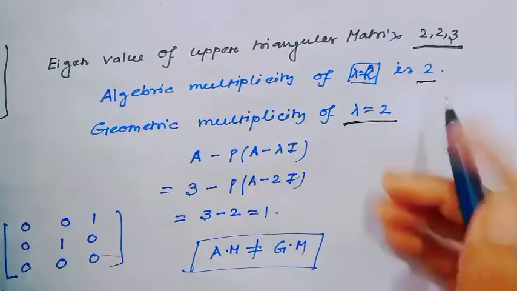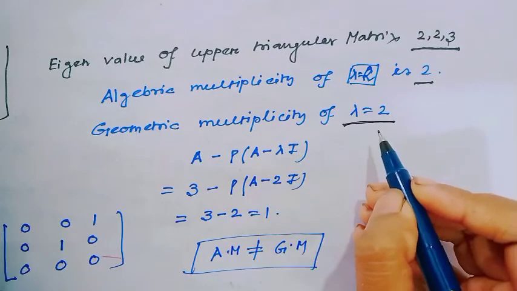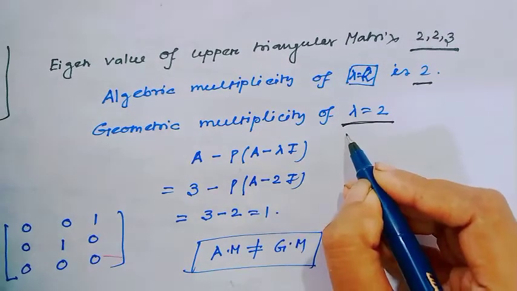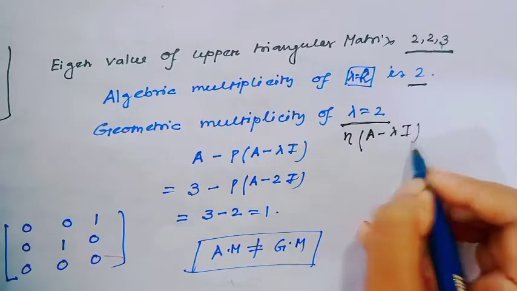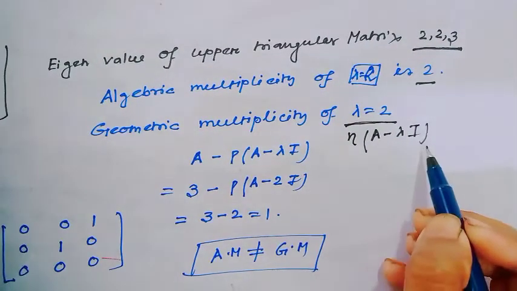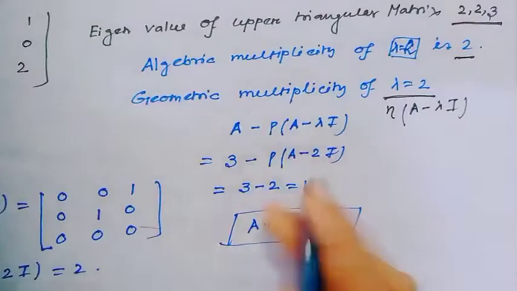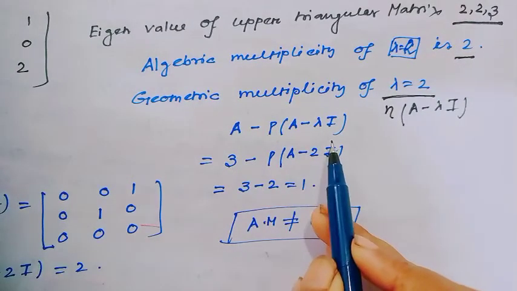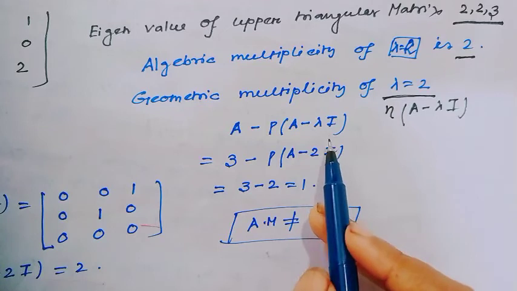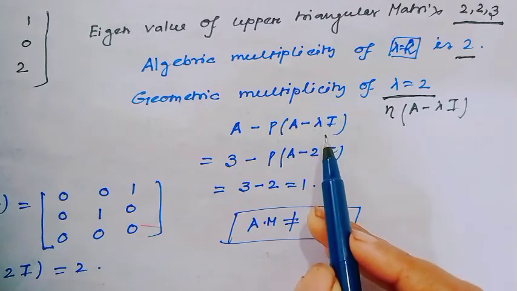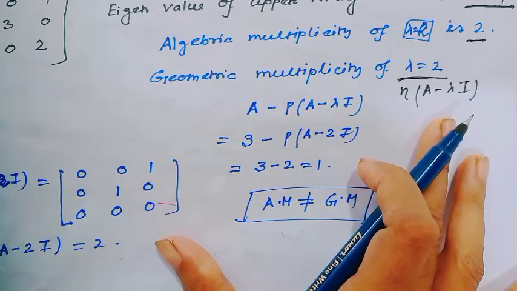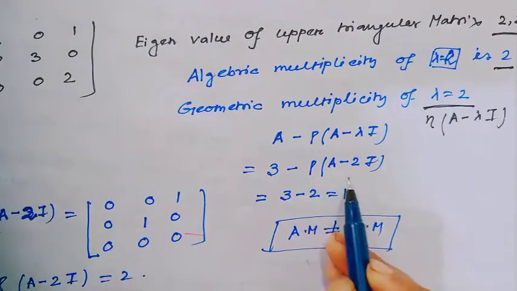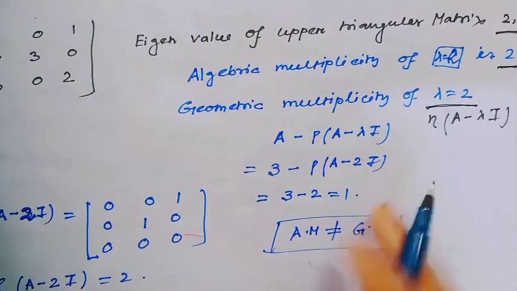We all know geometric multiplicity means the null space of A minus lambda I, and by the rank nullity theorem, this is the order of the matrix minus the rank of A minus lambda I. Since lambda equal to 2 and the order of the matrix A is 3, this is 3 minus rank of A minus 2I.